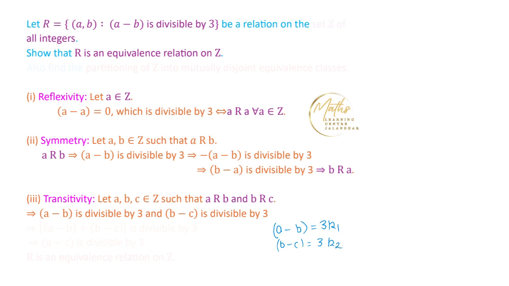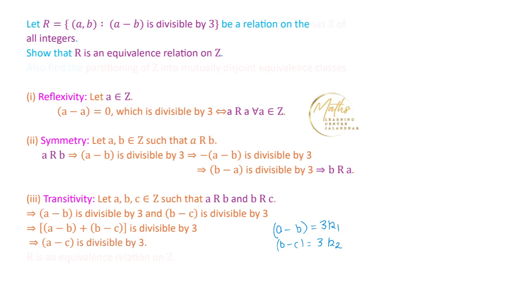So what we obtain from this is that if we add both these values, a minus b plus b minus c, that is also divisible by 3. So this proves that a minus c is divisible by 3.